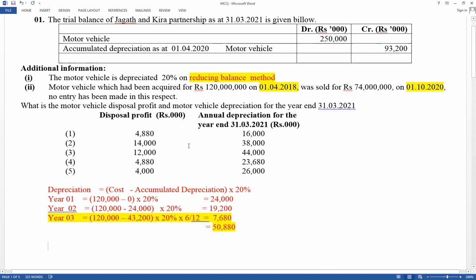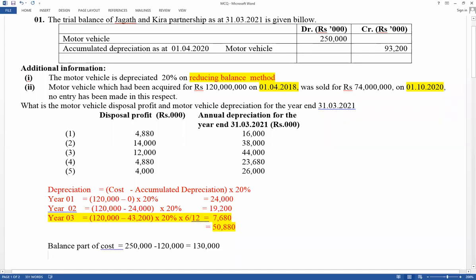First one, think about the cost value of the balance parts. 250,000 available. From that value, deduct the disposal asset cost value. Therefore, this is the balance part of cost value.